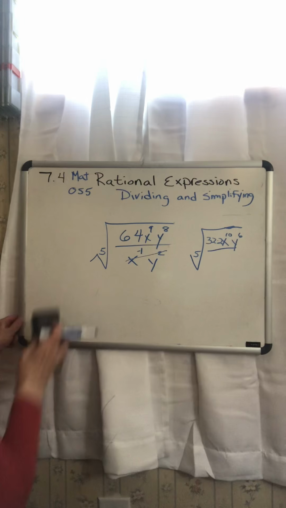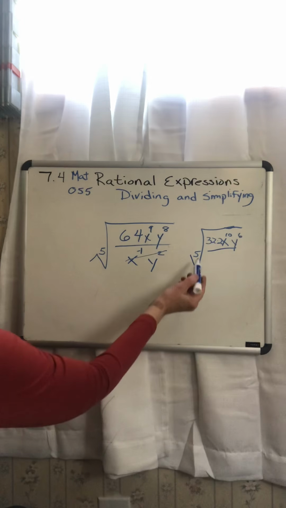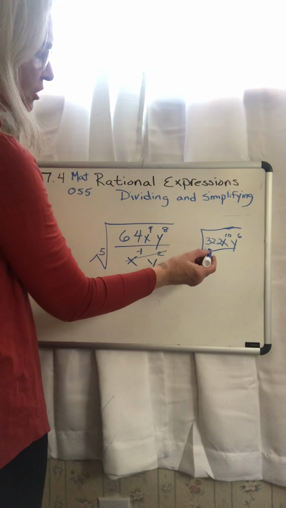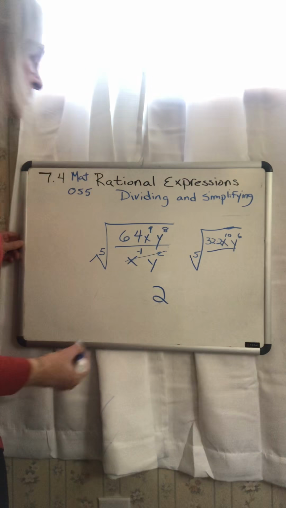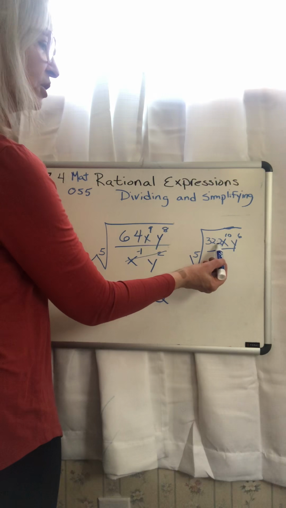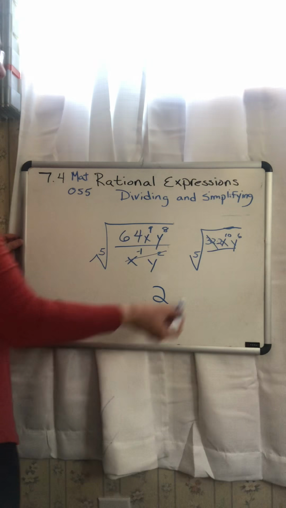All right, but we're not finished yet, because now we need to pull out all of the 5th roots. So we just figured out that the 5th root of 32 would be a 2. So we'll pull that out in front of the radical sign. The 2 is not a perfect 5th root, so we can't do anything with it.